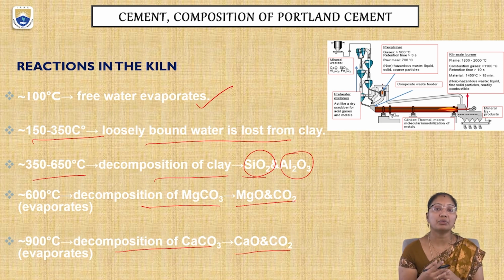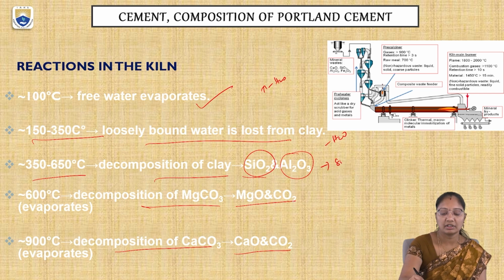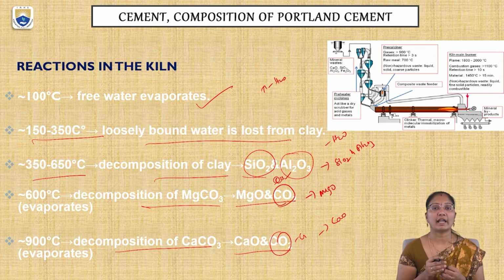At this temperature, the carbon dioxide evaporates, and now the mixture is: minus H2O, silicon dioxide and Al2O3 present, magnesium oxide, minus CO2 which evaporated, and calcium oxide. Now the mixture is water free, carbon dioxide free, and it is only a pure mixture of aluminates and silicates followed by magnesium oxide and calcium oxide.